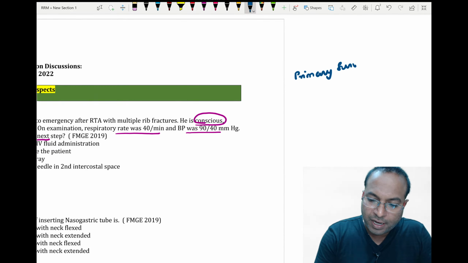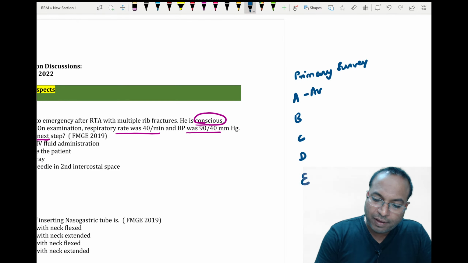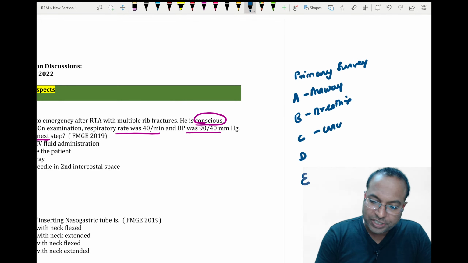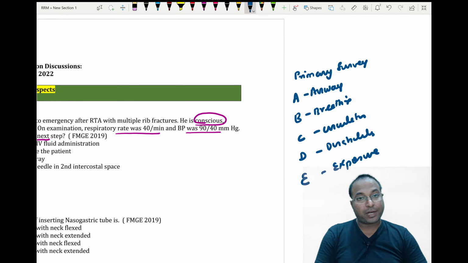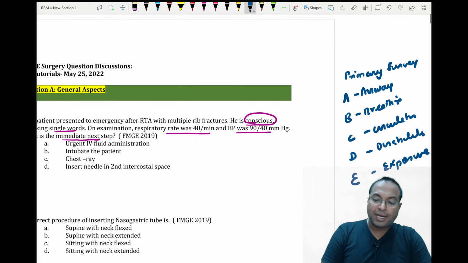Primary survey in a trauma patient is A, B, C, D, E. A for airway, B for breathing, C for circulation, D for disability, and E for exposure. Please remember, it is E for exposure.